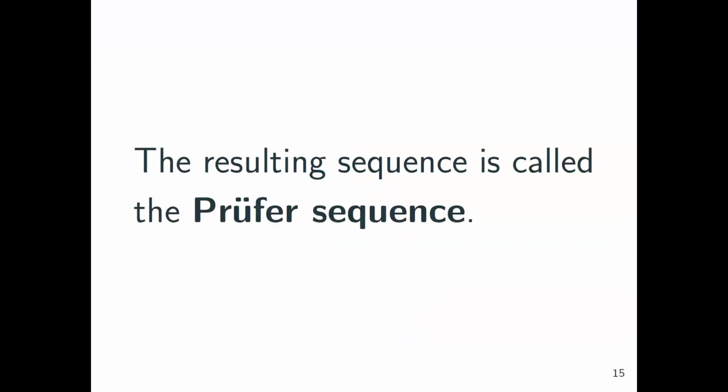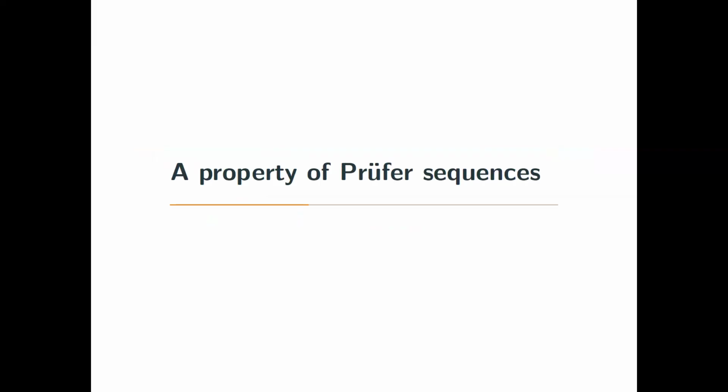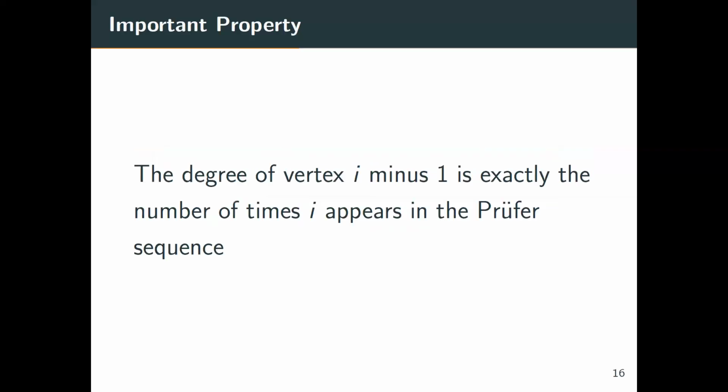And this is classic material, of course, but we will see it in a new role because there is a very interesting property that Prüfer sequences have, and that is that the degree of vertex i minus 1 is exactly the number of times i appears in the Prüfer sequence.